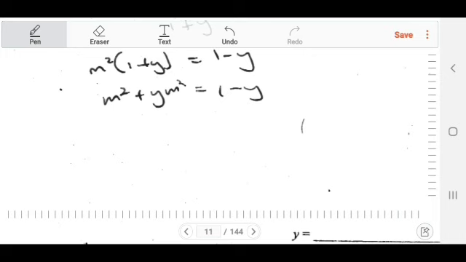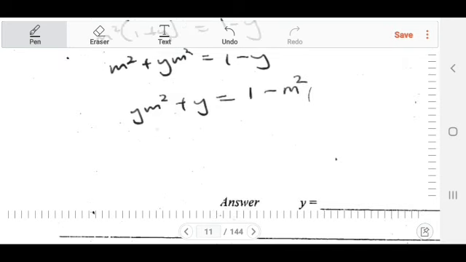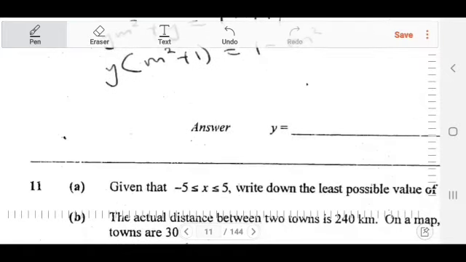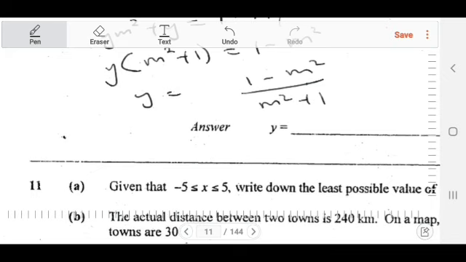Then I collect those that have y, and I will get y m squared plus y equals 1 minus m squared. Then factor out y, I get y times m squared plus 1 equals 1 minus m squared. Then y equals 1 minus m squared over m squared plus 1.